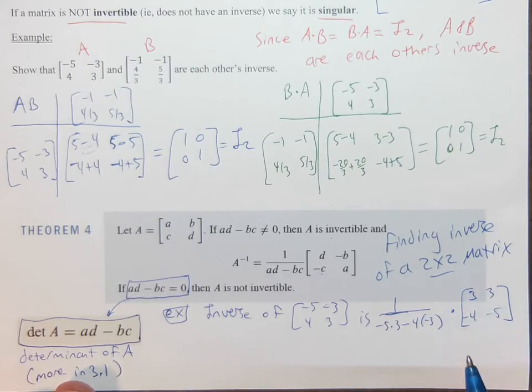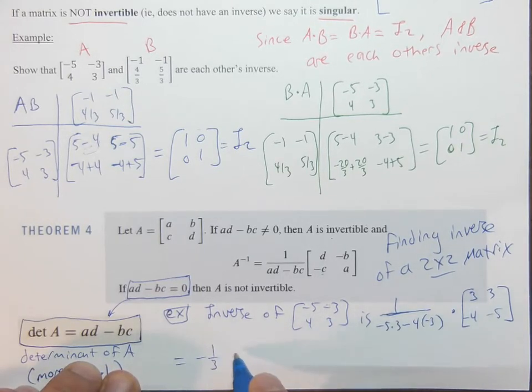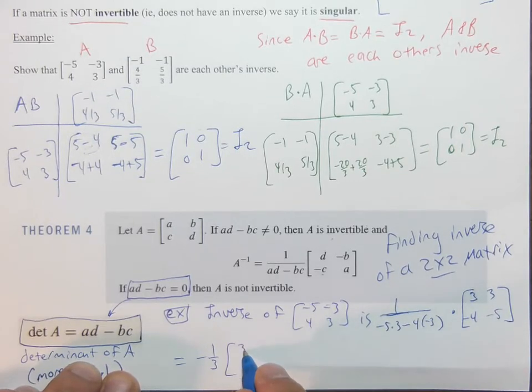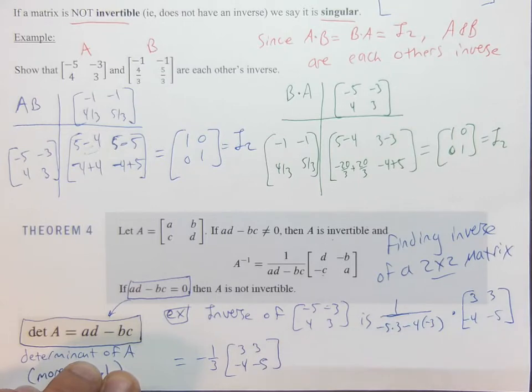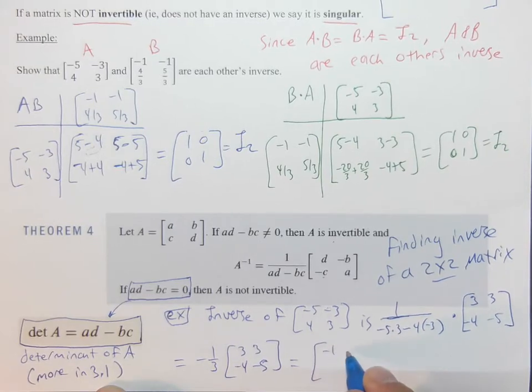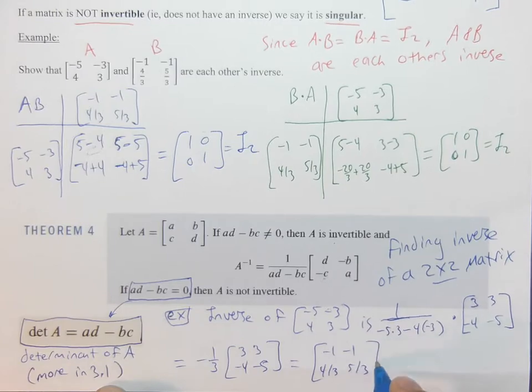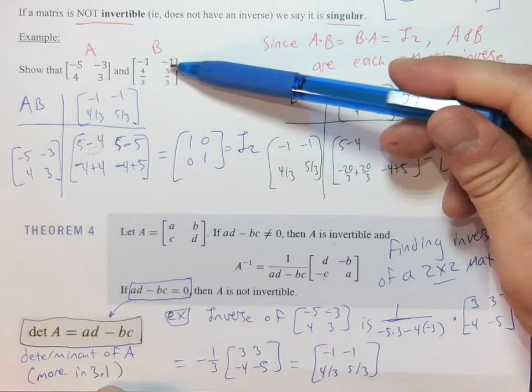And we learned in the last section, when you multiply a constant by a matrix, each entry gets multiplied by that number, right? And so this really ends up being minus 1/3 times that matrix, [3, 3, -4, -5]. And then each one of these terms just gets multiplied by minus 1/3. And so we get [-1, -1, 4/3, 5/3], which is exactly the matrix up here.